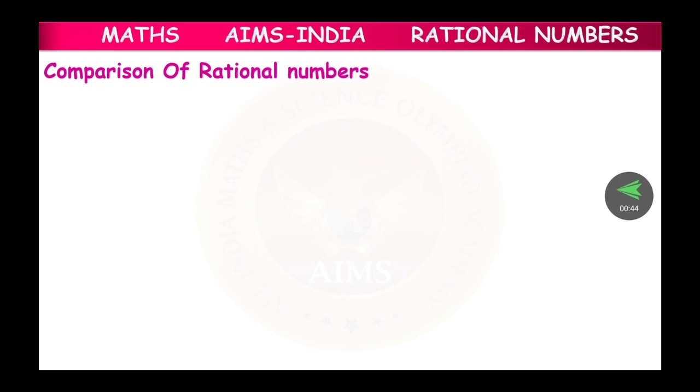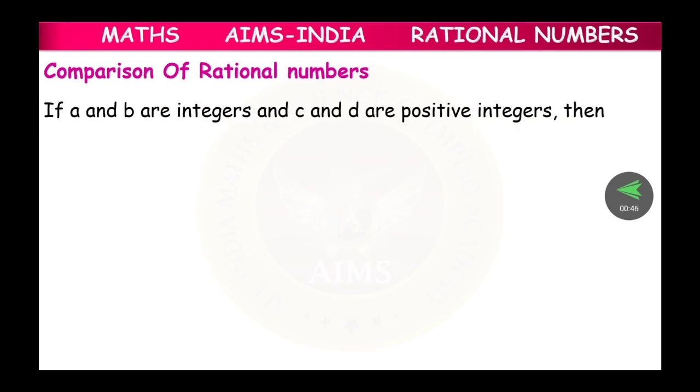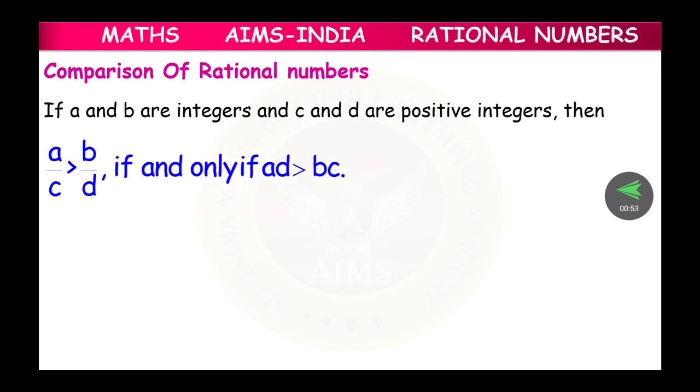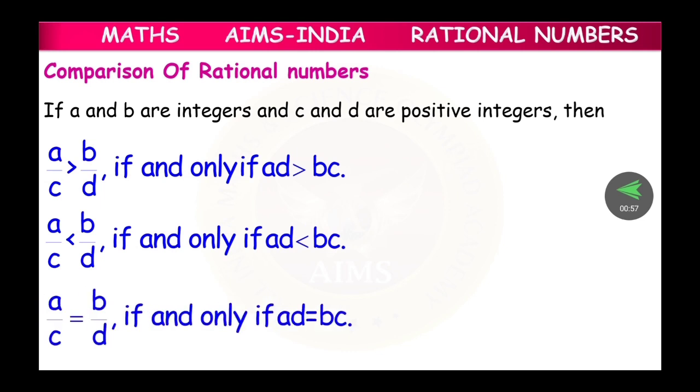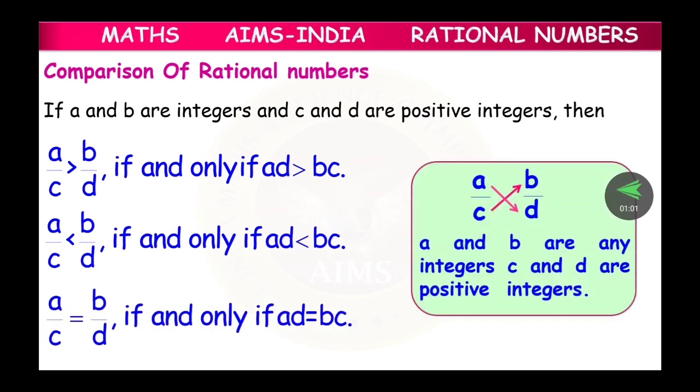In method 2, if a and b are integers and c and d are positive integers, then we can have three cases. We can compare according to these three cases by using this kind of multiplication.